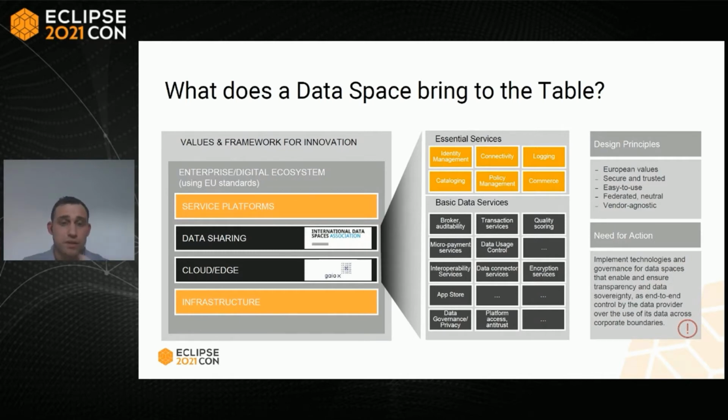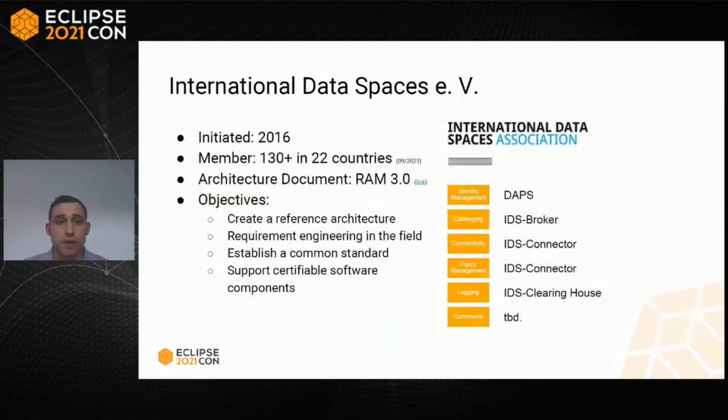So this need for action was derived from requirement engineering and so on, and firstly addressed by an initiative called International Data Spaces. It was initiated in 2016. So this was more or less the starting point of this data sovereignty thinking in data spaces.